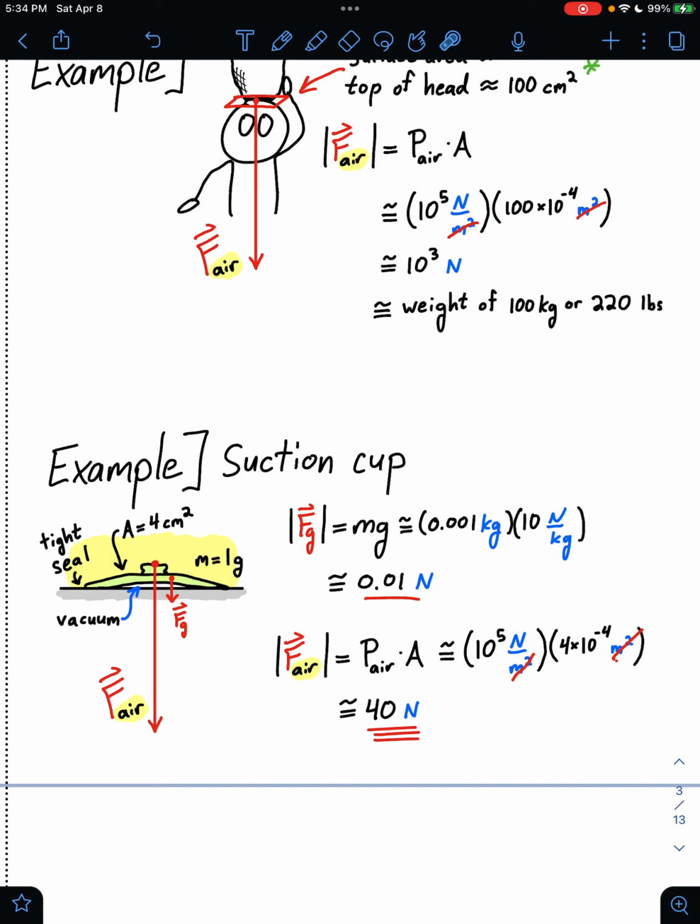Compare that 40 newtons to the 100th of a newton, that's the actual weight of the thing. So when you're trying to pick up this suction cup, if it's stuck on there tight and it's hard to get it off, what you're pulling against is the entire weight of the Earth's atmosphere pushing down against you.